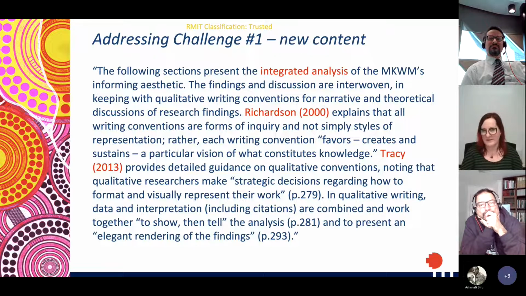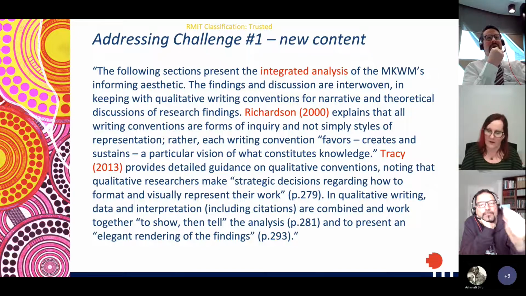And I thought, okay, I'm going to use this as a teaching opportunity for other people that pick up this paper. And now I refer to it as this integrated analysis. I quote from the 2 citations I gave you just a minute ago to really ground it and really explain to people how qualitative writing is meant to work and how we make that happen.